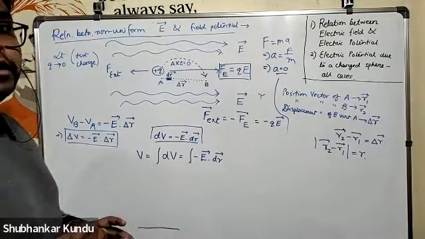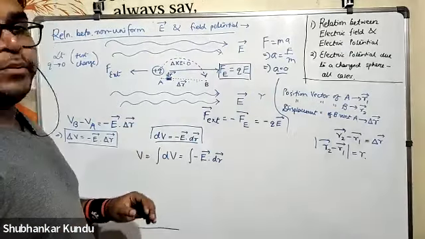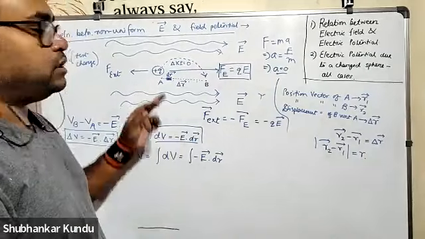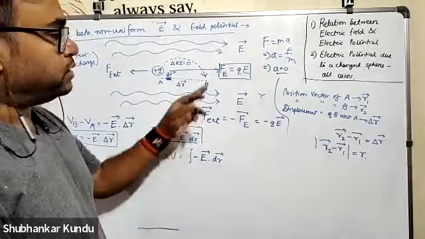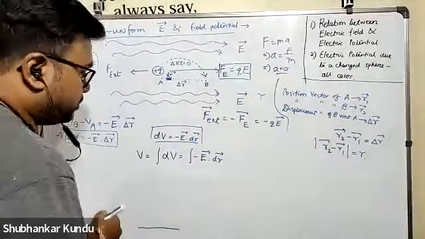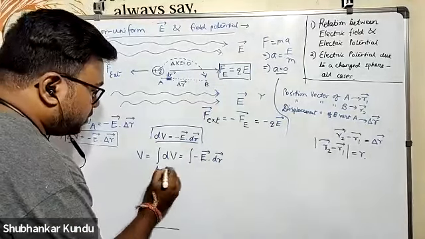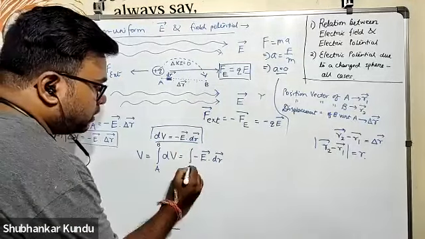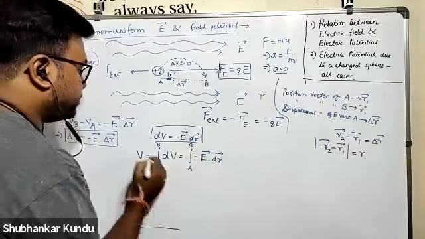What should be the limit? Lower limit is where you are starting, from A. Higher limit is where you are reaching, at B. The limit should be A to B.